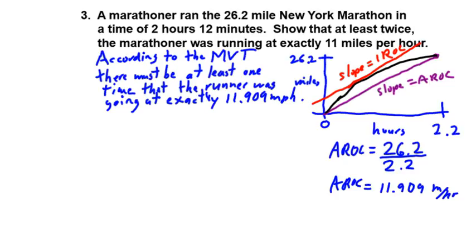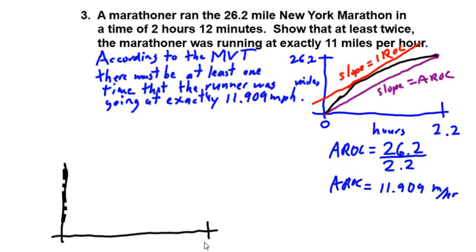Next, after we've done this, I'm going to make another graph over here to the lower left, and that's going to be velocity, not distance over time, but velocity, or speed. Let's put it this way, speed over time.